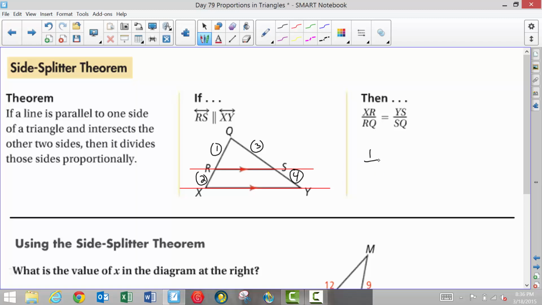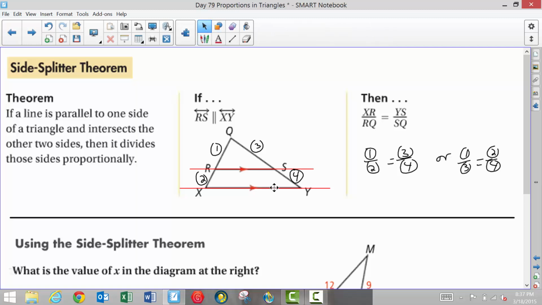So I know that 1 over 2 is going to equal 3 over 4. Or I know that 1 over 3 will be the same as 2 over 4. That's the side splitter theorem.